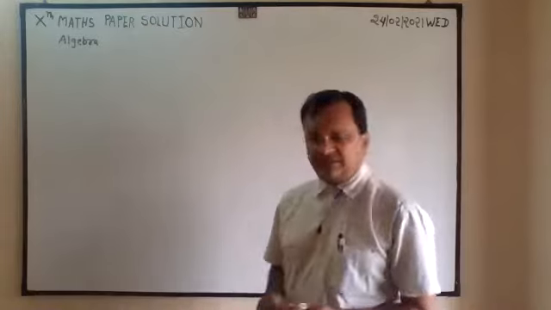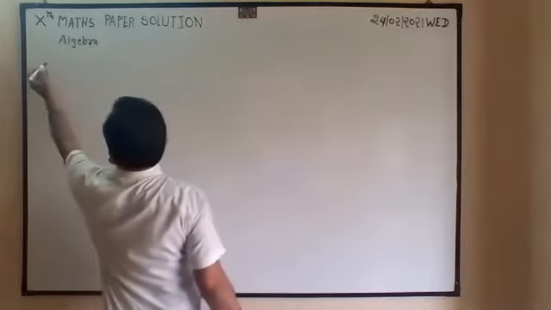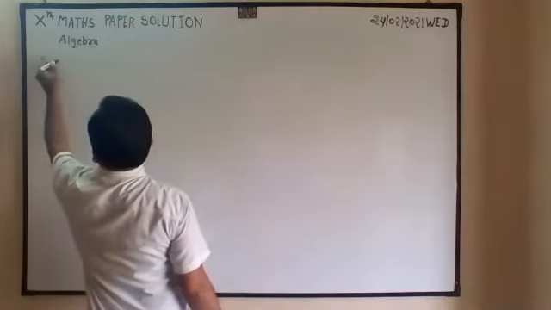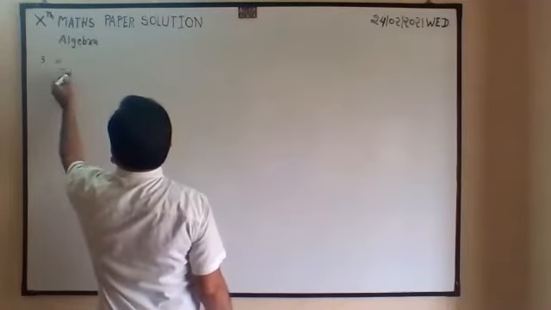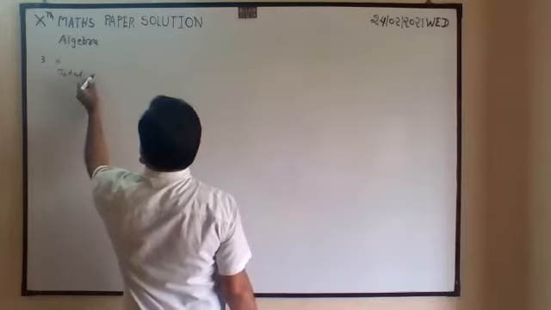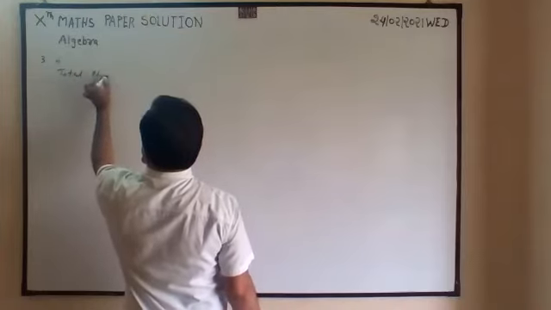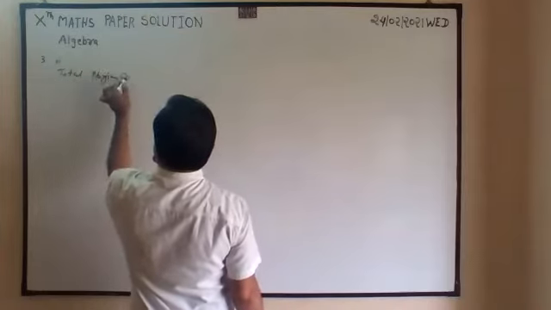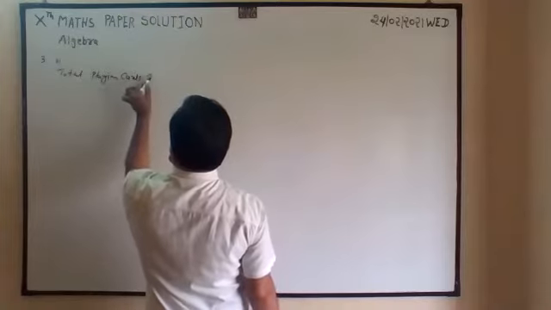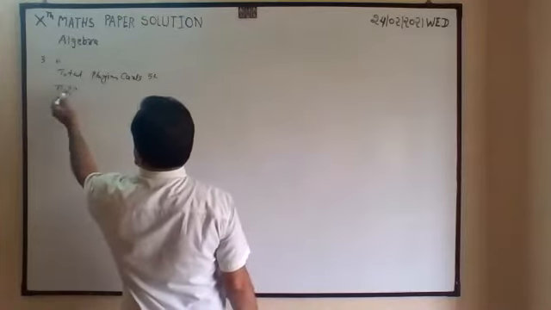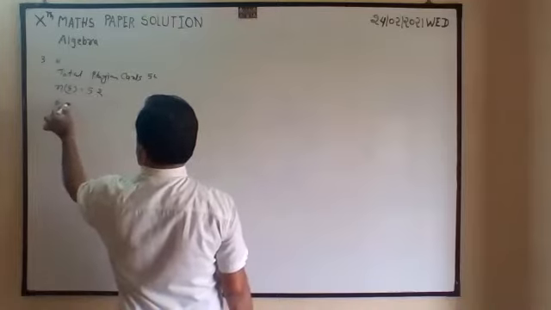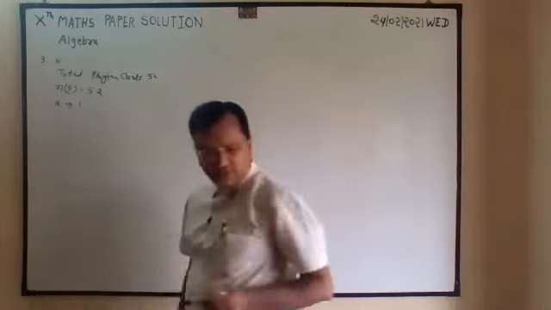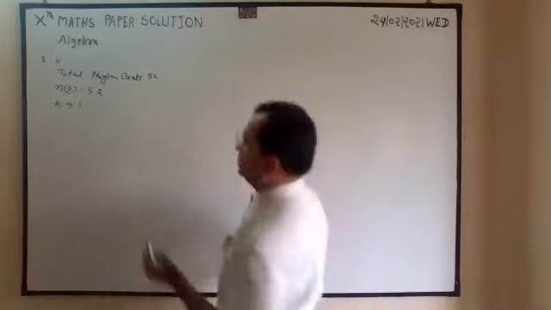Total number of cards is 52. Third thing: total playing cards, number of S is 52. A: heart or not a heart? Heart.